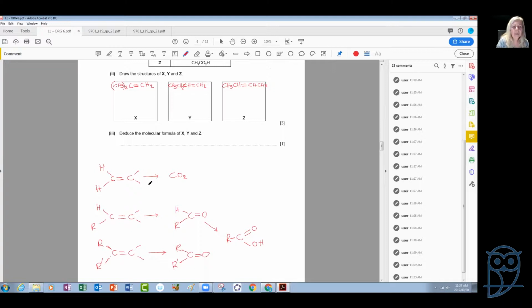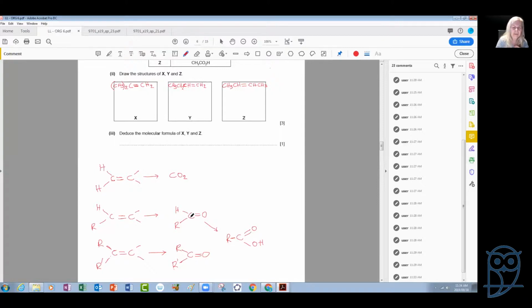And how do we know? You see, if one of the carbons from the double bond is connected to two hydrogens, then the product from this part of the molecule will be carbon dioxide. If one is hydrogen and the other is some other alkyl group, the product will eventually be a carboxylic acid.